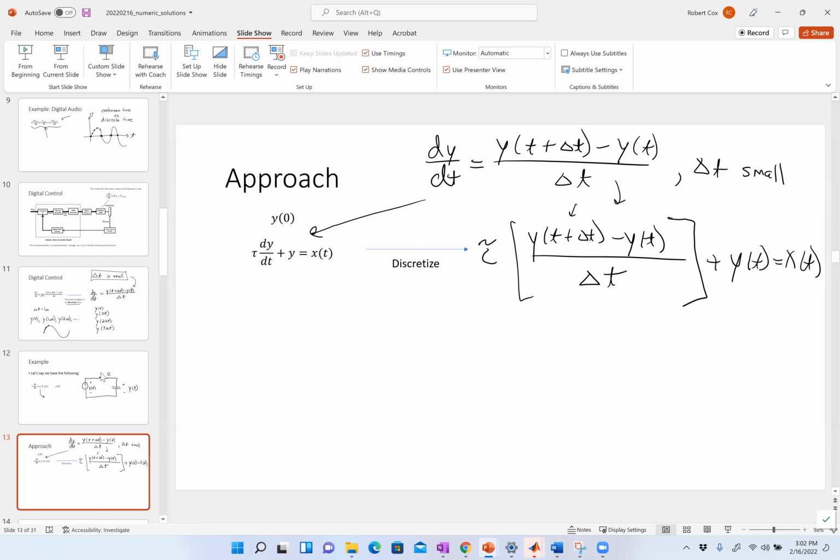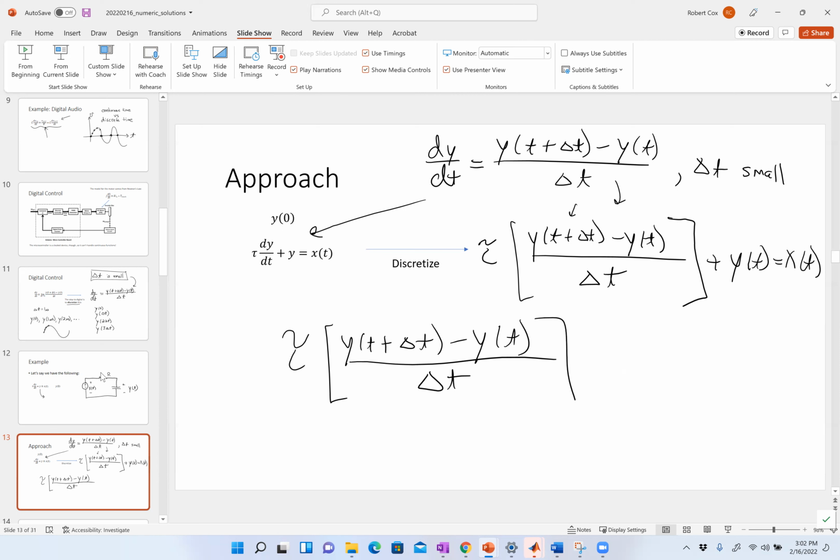Let's say I want to solve for y of t plus delta t. So what do I do here? Well, this problem turns itself into tau times (y of t plus delta t minus y of t) all over delta t equals x of t minus y of t, right? Like that.